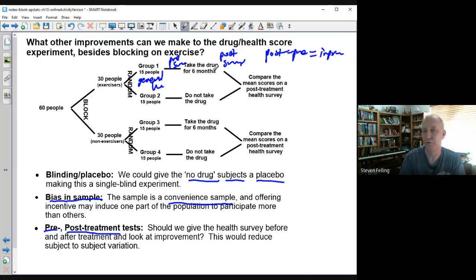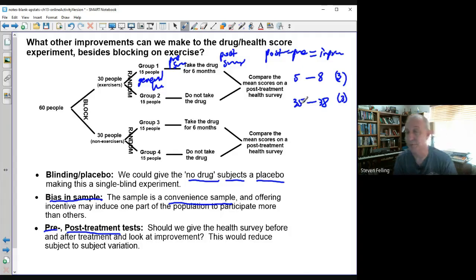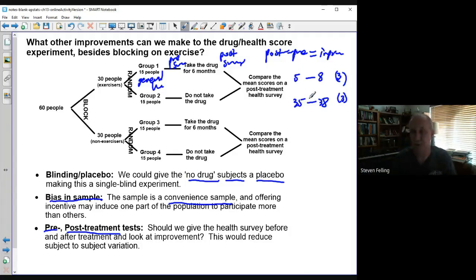So that way, if one person scored a 5 on the survey, but then they went up to 8, but another person scored a 35 and went up to a 38, we would be able to see that the drug had a 3-point improvement in both of those, right? So that's called a matched pairs experiment, which we'll talk about more in second semester.